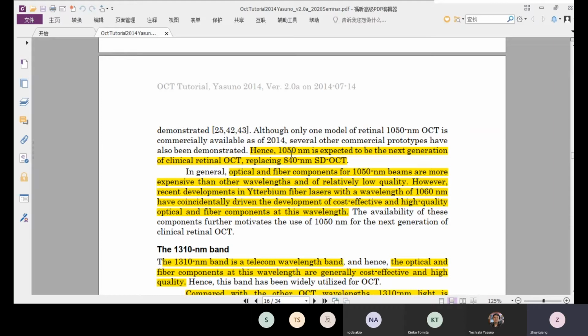The latest developments of a tunable fiber laser with a wavelength of 1060 nanometers has promoted the development of cost-effective and high quality components at this wavelength. Overall, 1050 nanometer is expected to be the next generation of clinical retinal OCT, replacing the 830 nanometer SD-OCT.